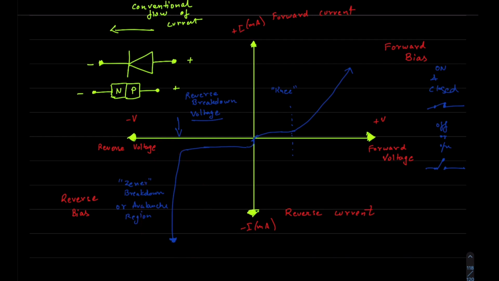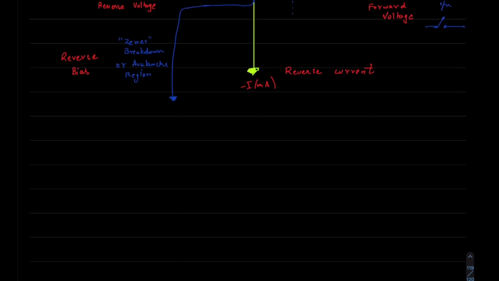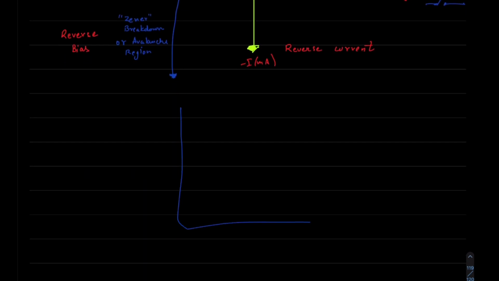So now we'll talk about the reverse biased characteristics, right? The graph is also shown like this. There's this box, very bad box I have made there.